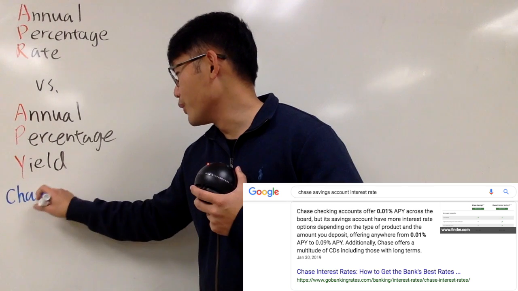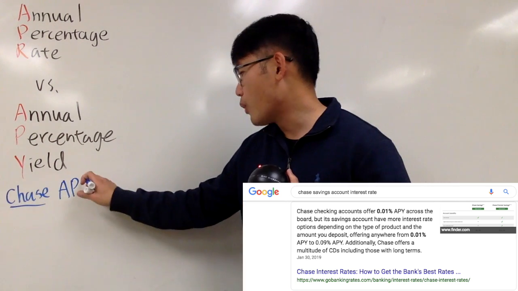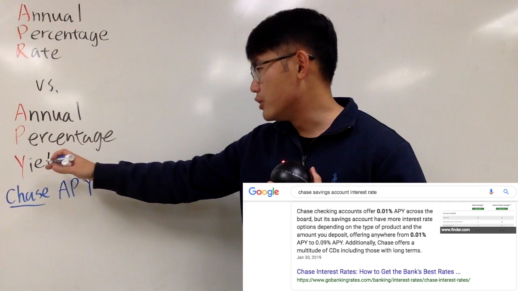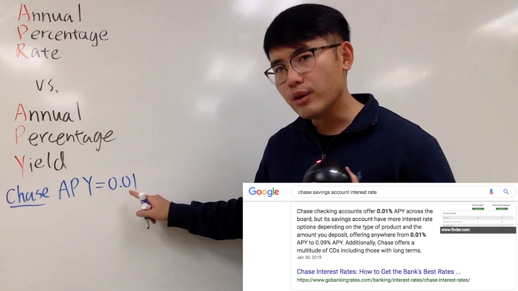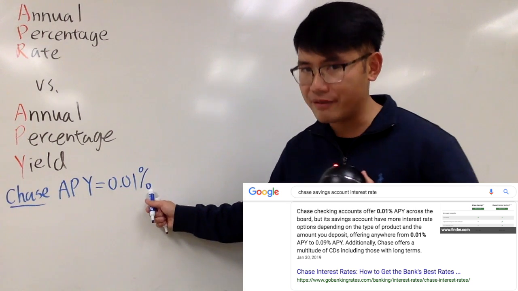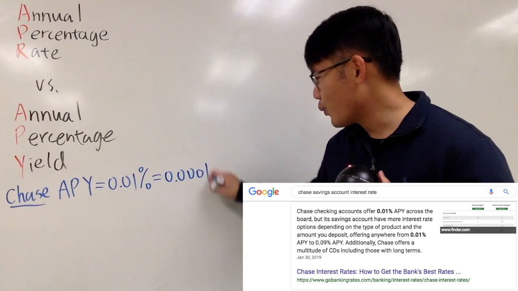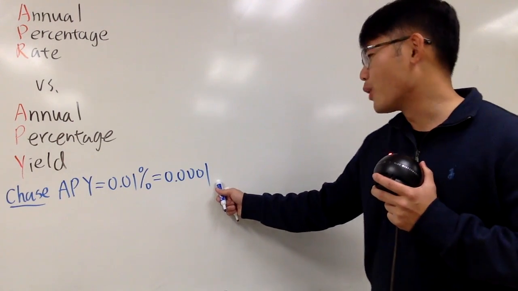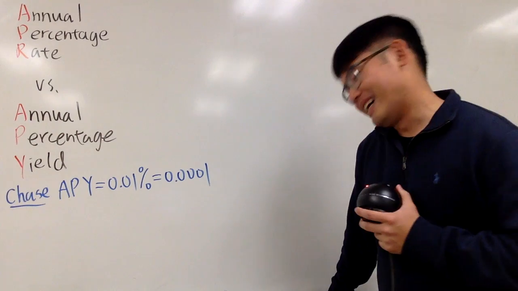First, notice that they put down APY, which is annual percentage yield, and it's 0.01. I know this is 1%, but they have another percentage symbol after that, so this is actually 0.0001. This number is approaching 0. It's tiny, I know.